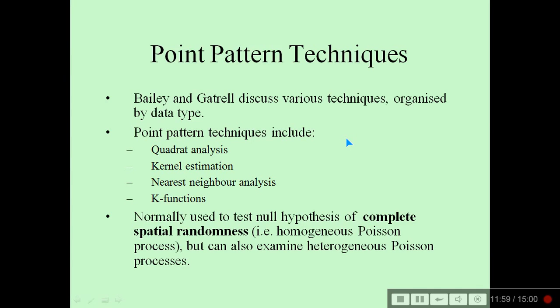Point pattern techniques. Bailey and Gatrell discussed various techniques organized by data type. So point pattern techniques include quadrant analysis, kernel estimation, nearest neighbor analysis, and K functions. They are normally used to test the null hypothesis of complete spatial randomness, that is a homogeneous Poisson process, but can also examine heterogeneous Poisson processes.